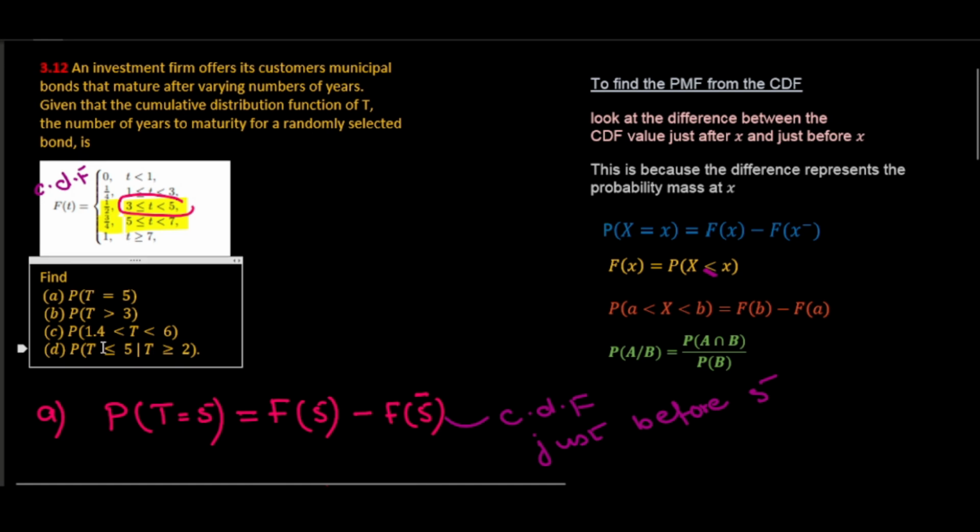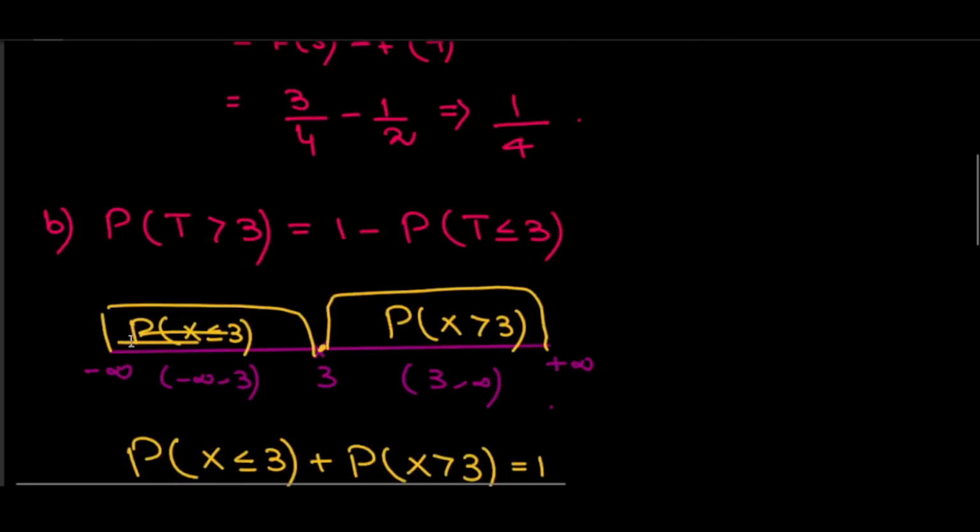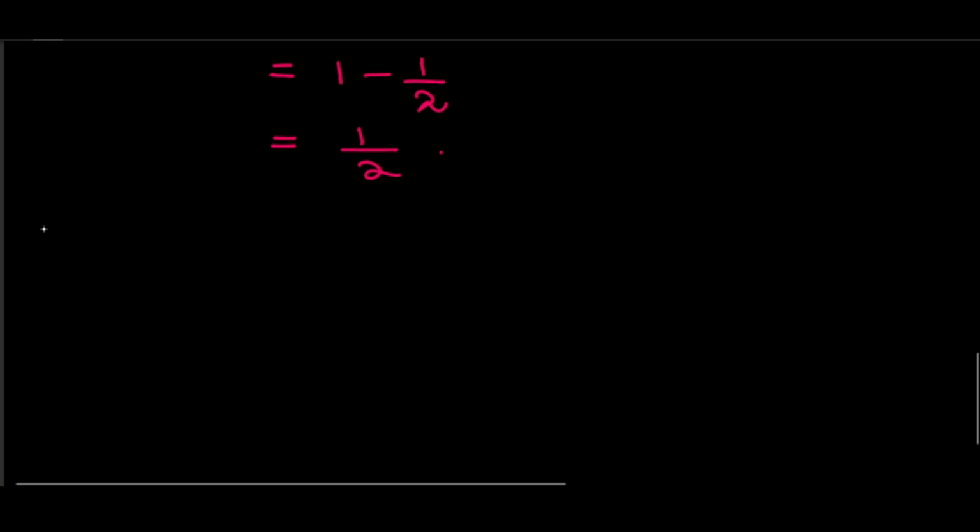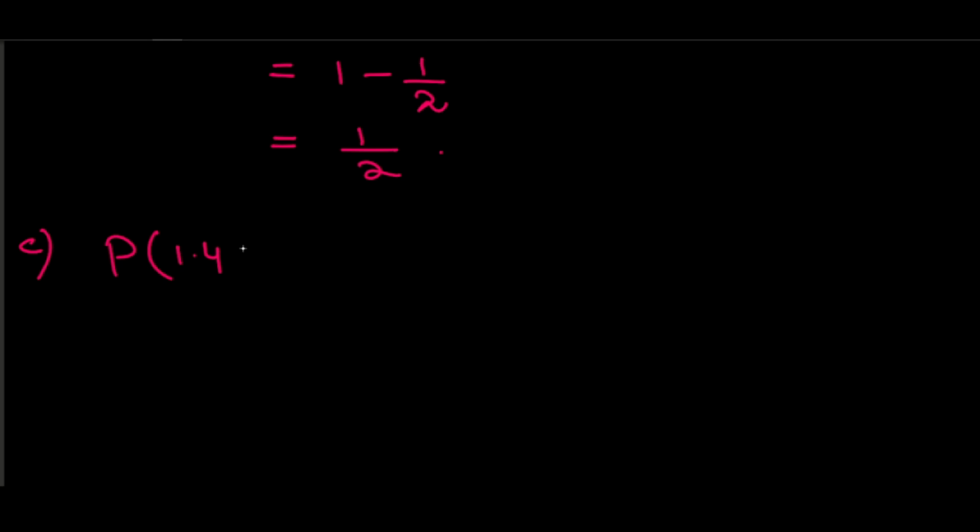In the third part, we will require the probability that 1.4 is less than T and T is less than 6. So in the third part, we are going to find the probability of 1.4 strictly less than T, and this is less than 6. Right, and we know about this formula also, because we know very well how to calculate this expression.